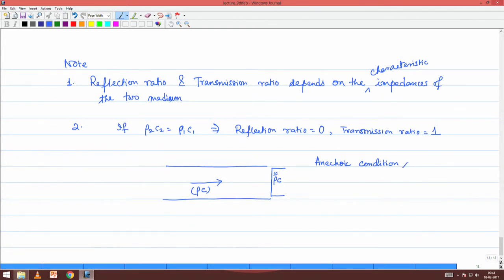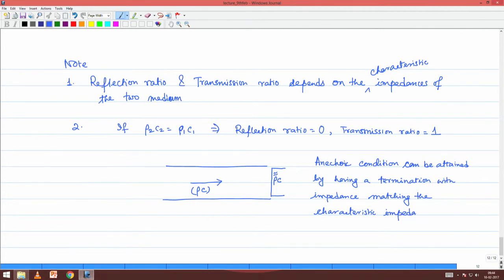So, the anechoic condition can be attained by having a termination with impedance matching the characteristic impedance of the medium.